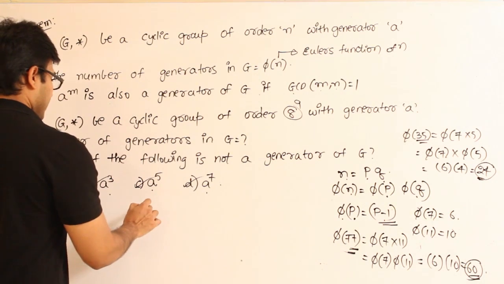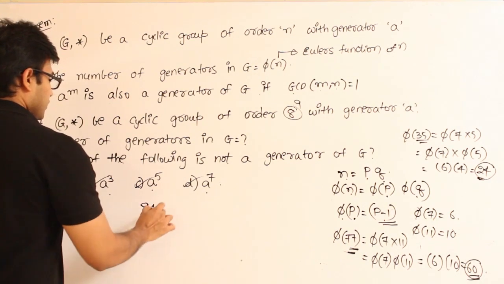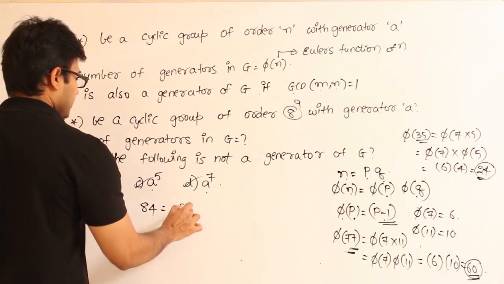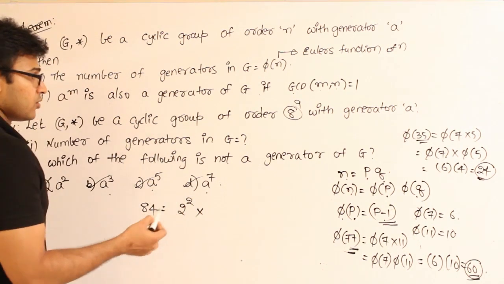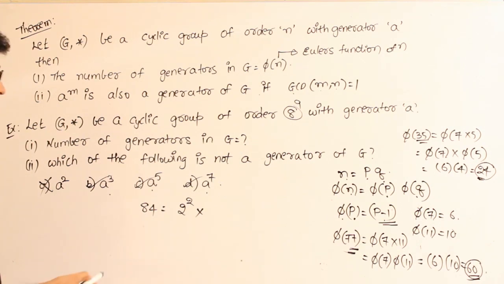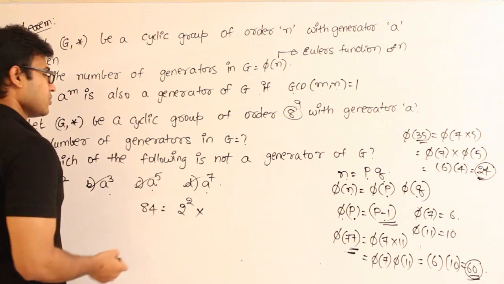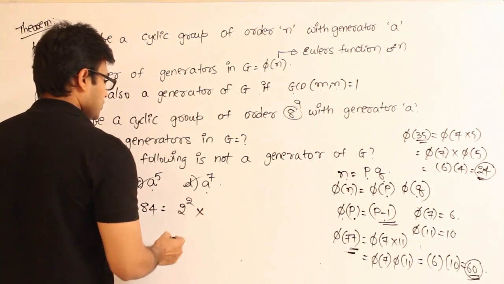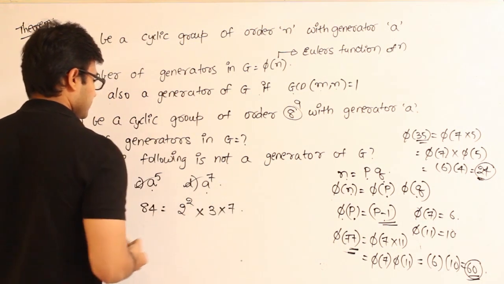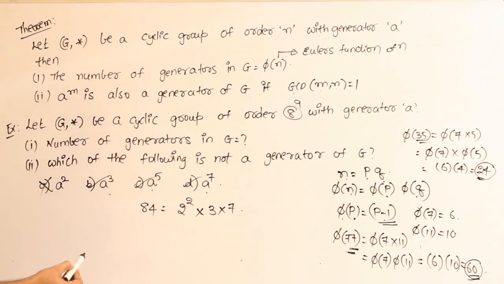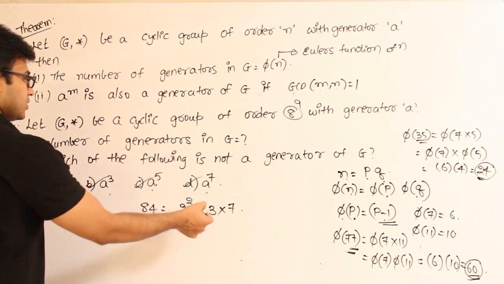Let me say the number is 84. 84 can be written as 2 squared into 3 into 7. 2 is a prime number, and we are going to use only prime numbers, so only for the prime factorization we are going to apply this.